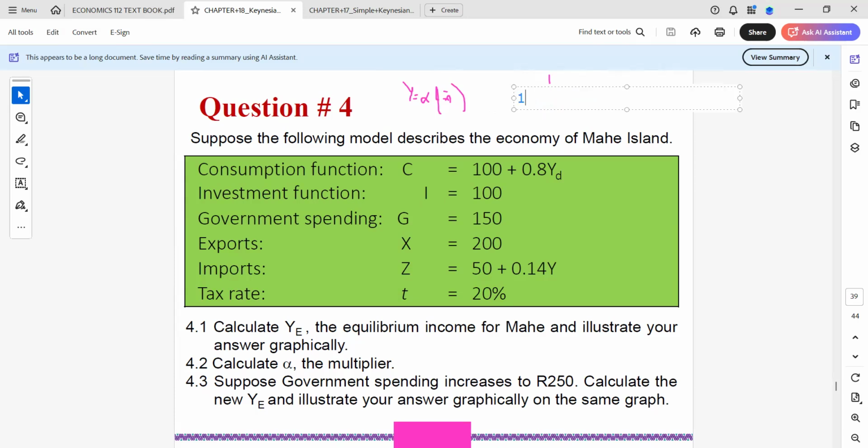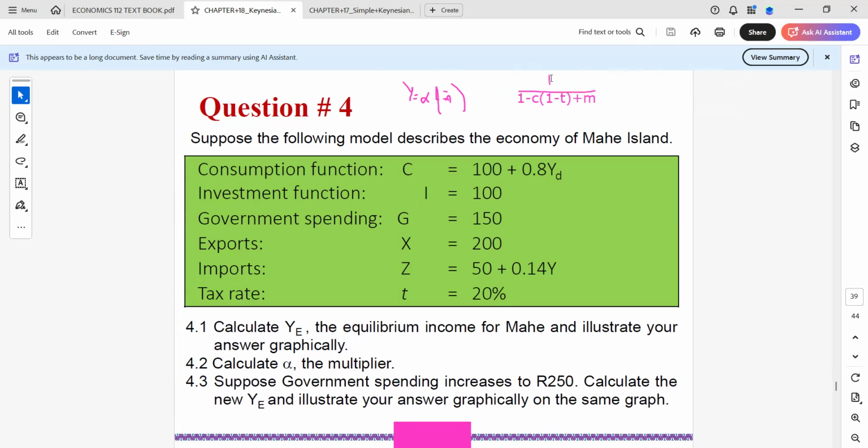It's going to be 1 divided by 1 minus small c (two-sector model) times 1 minus t (three-sector model, because we've introduced taxation), plus, for the four-sector model, small m for imports. That's how you calculate the multiplier in the four-sector model.